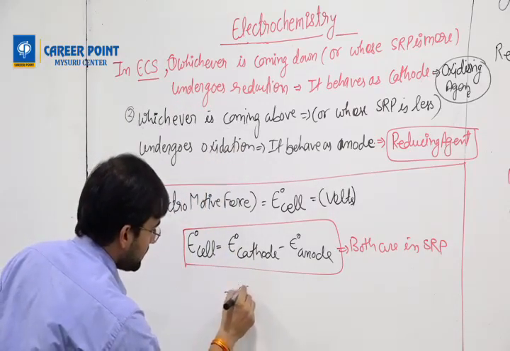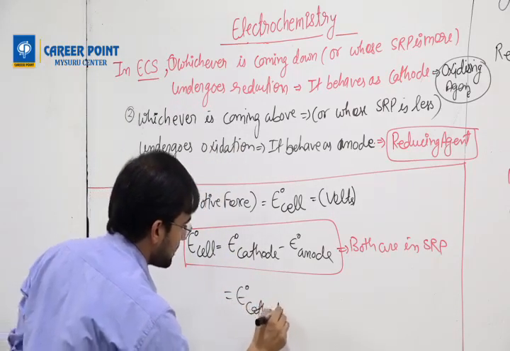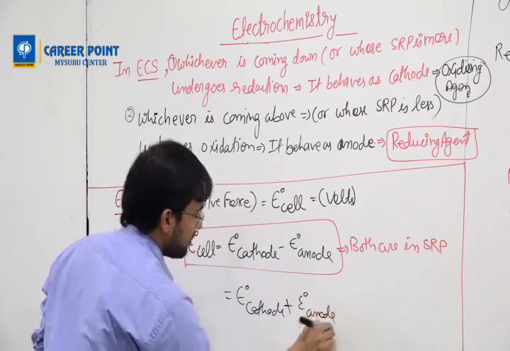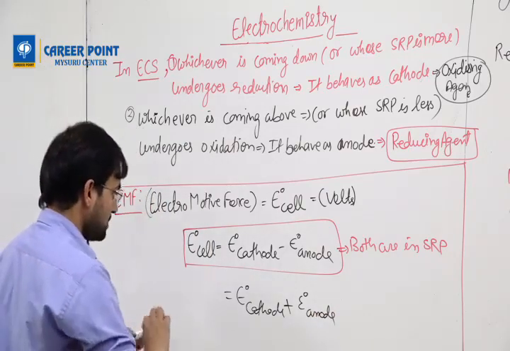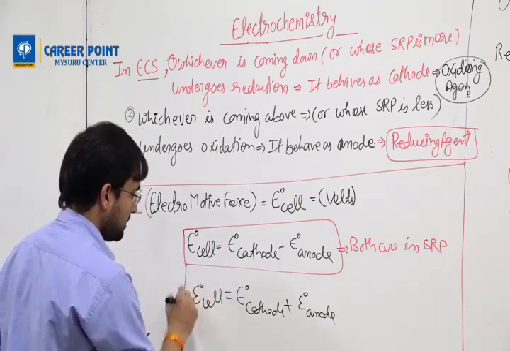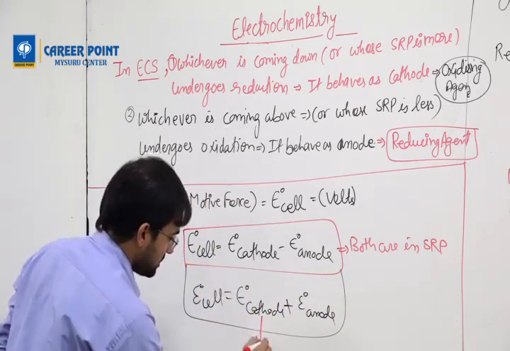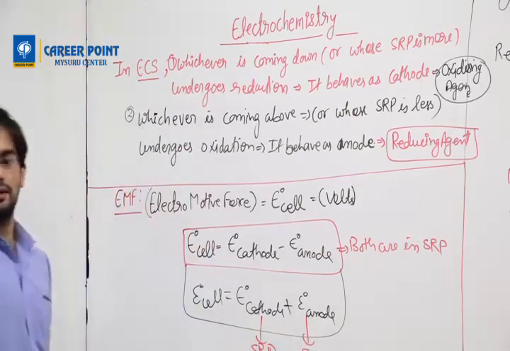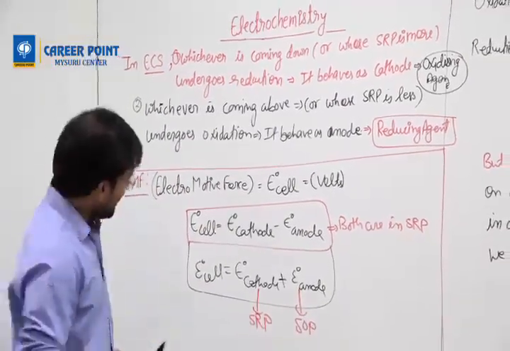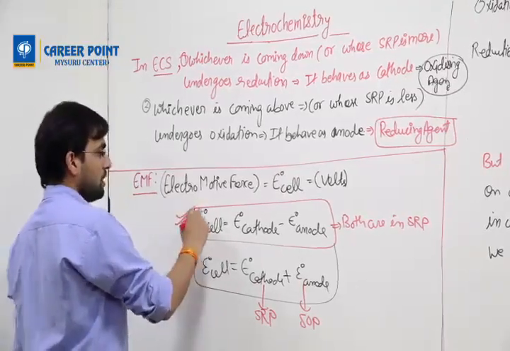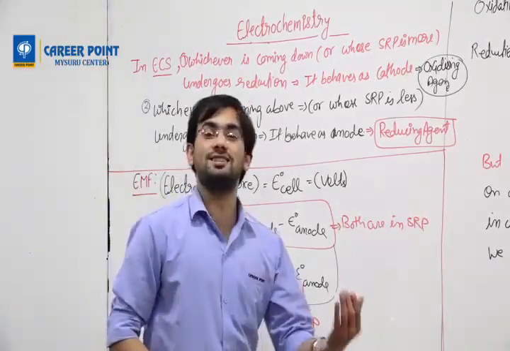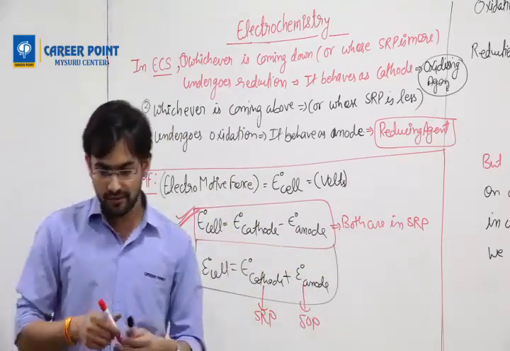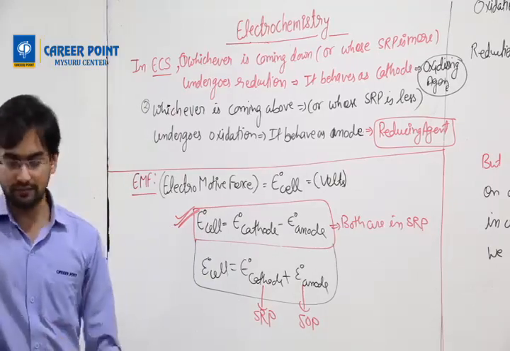The next formula is E0 of cathode minus E0 of anode equals E0 cell, which you can use when one is SRP but the other is SOP. But we will always use the first formula, because I already told you we'll follow SRP. So both are in SRP, and we'll follow this particular formula.